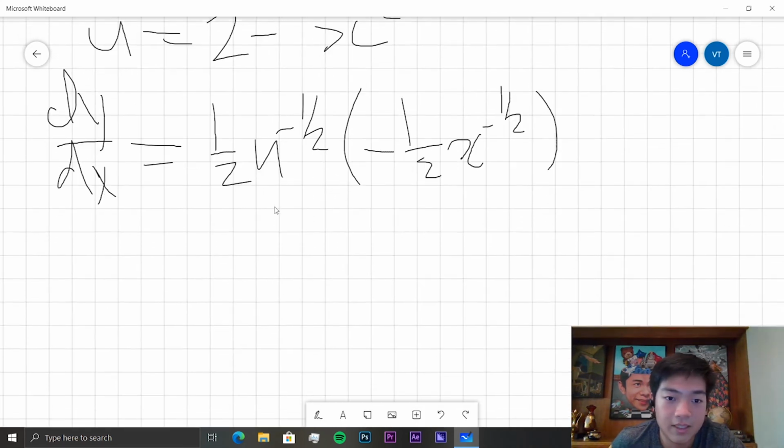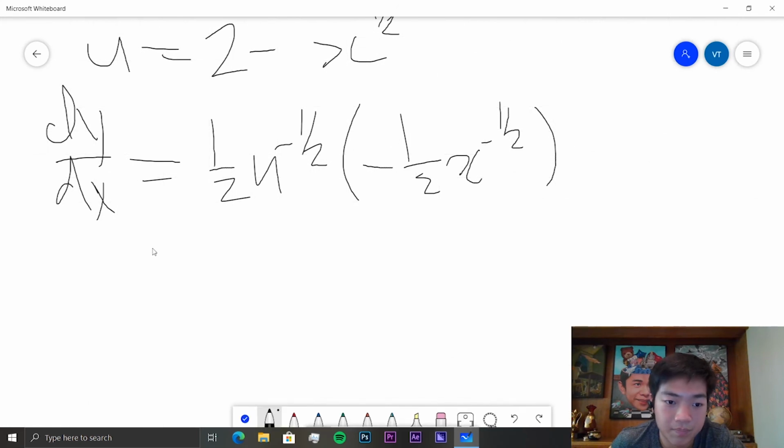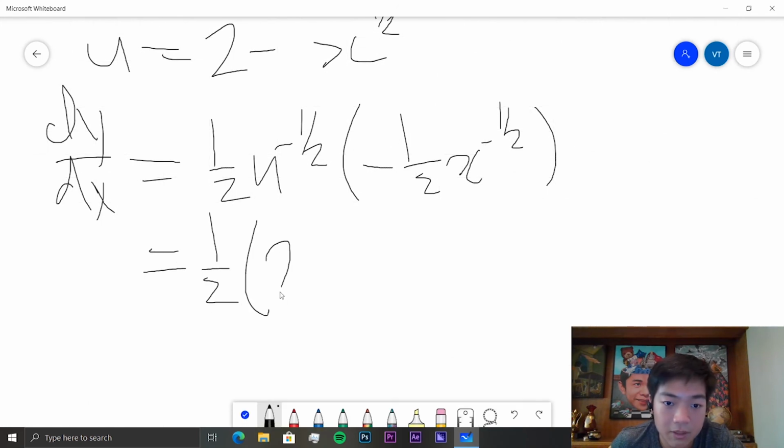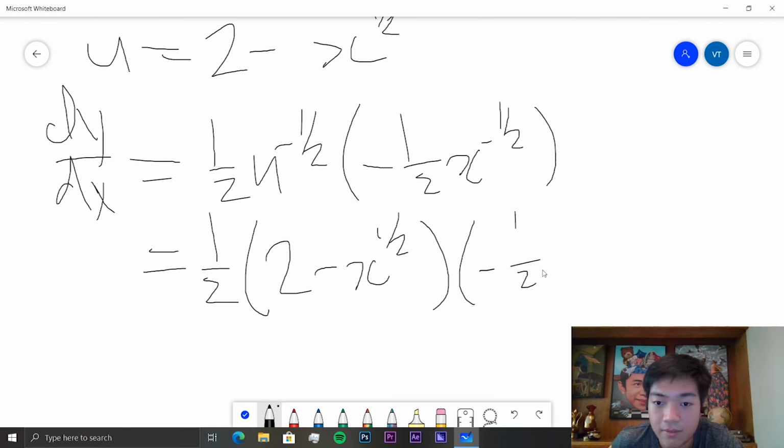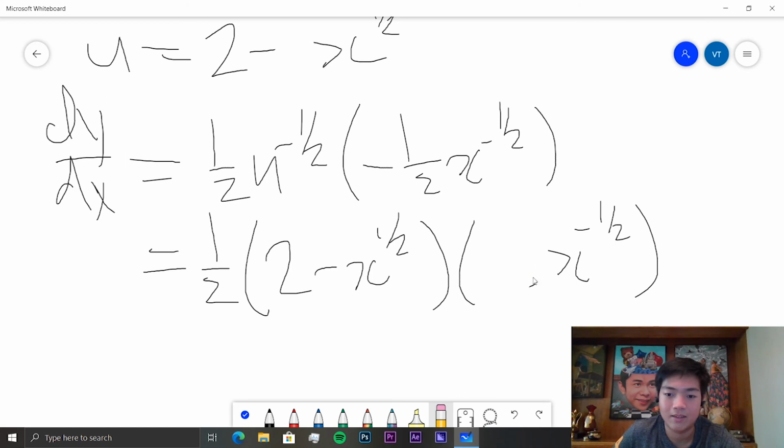And so this entire thing will be equal to 1/2 times 2 minus x to the 1/2, times negative 1/2 x to the negative 1/2. And yes, we could simplify this. This would be negative 1/4 times the lot. But yeah, that's pretty much it. So that's our final answer. And maybe in an actual exam you would rearrange the equation, but that's not the focus of this exercise, so I'm not going to.